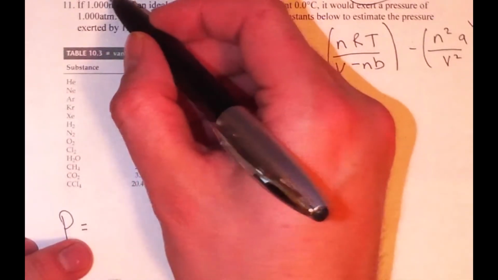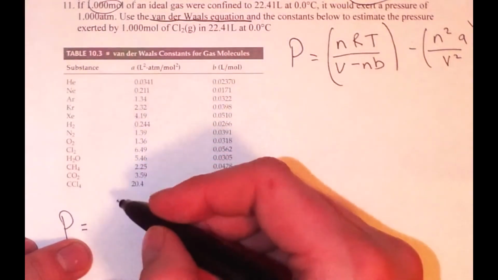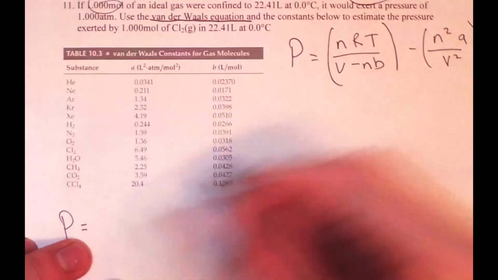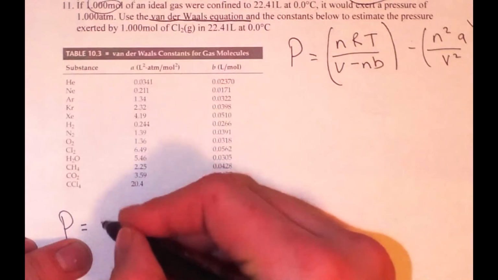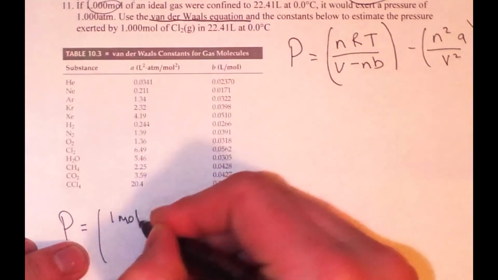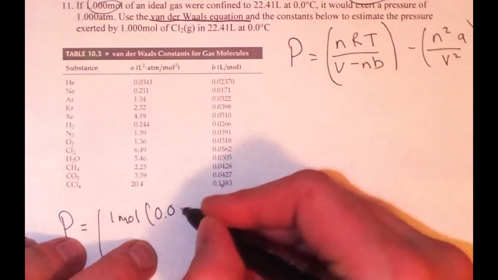So really quickly, I'm going to need a lot of space here. So pressure is equal to the number of moles. So right in the question, it's 1 atmosphere, 1 mole. So we're just going to start plugging numbers in. The ideal gas constant.